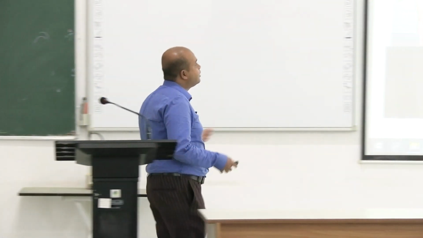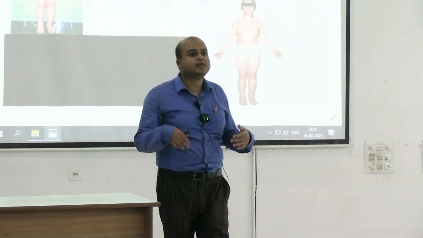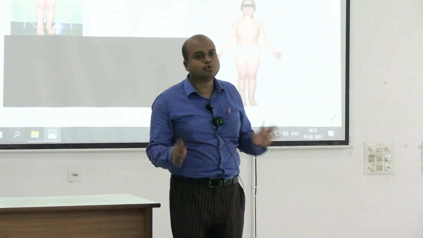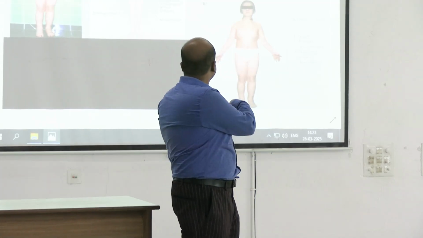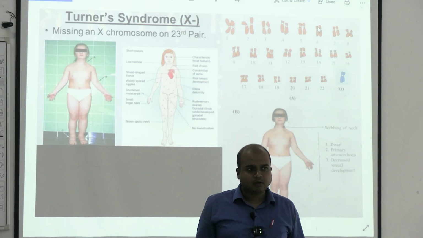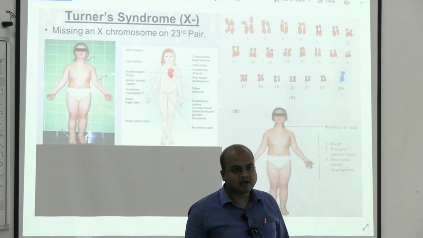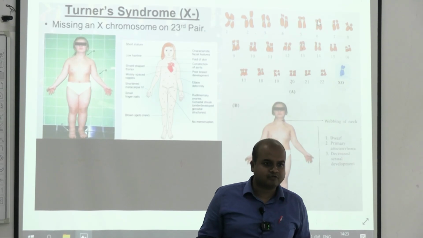Otherwise, short stature. Then in adolescence, when the breast should develop, there will be widely spaced nipples and all. But short stature, webbing of the neck, why does this happen? Probably there is associated growth hormone deficiency.